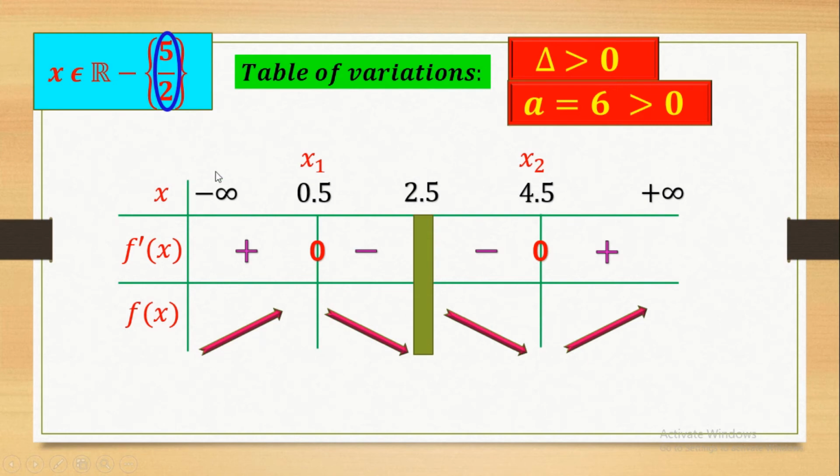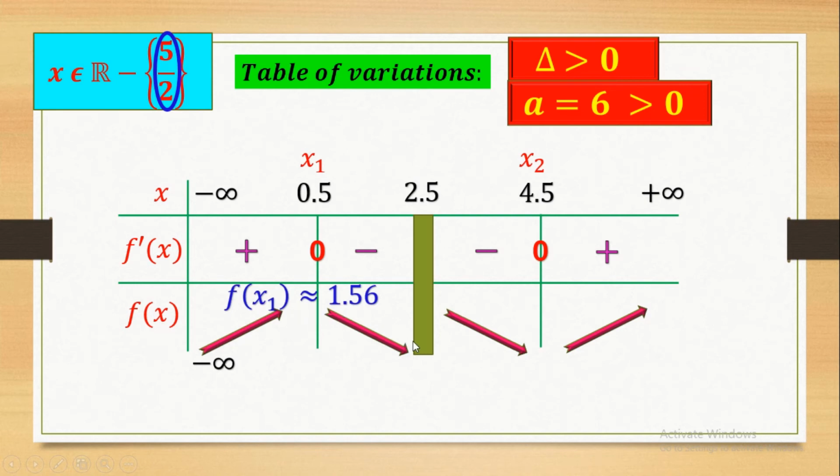Note that the limit of f of x at minus infinity was minus infinity. So it increases from minus infinity till the maximum value here, which, since we have x1, which is 0.5, is f of x1, approximately 1.56. We solve it and we get 1.56.